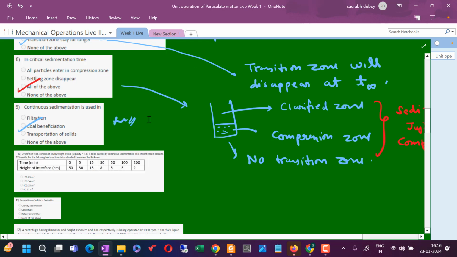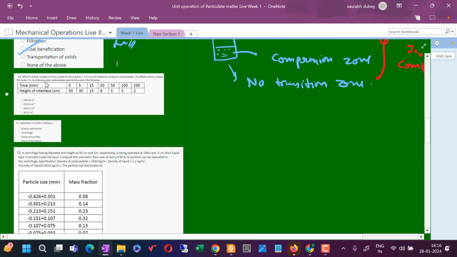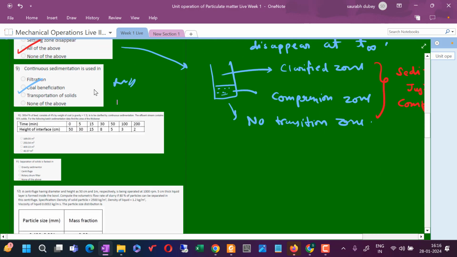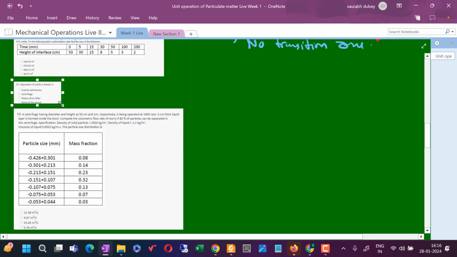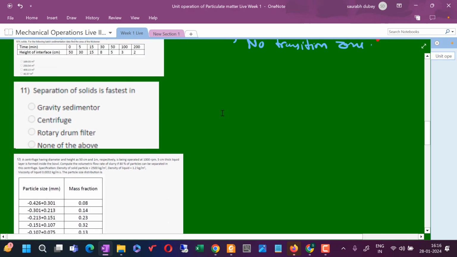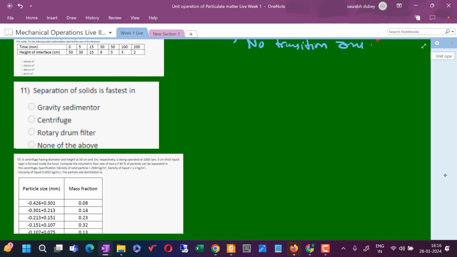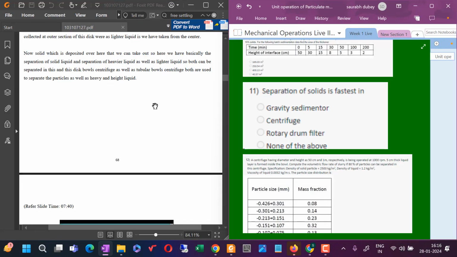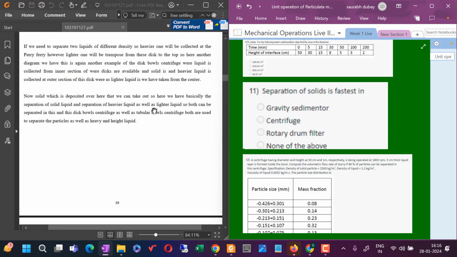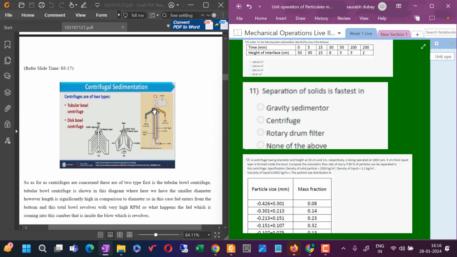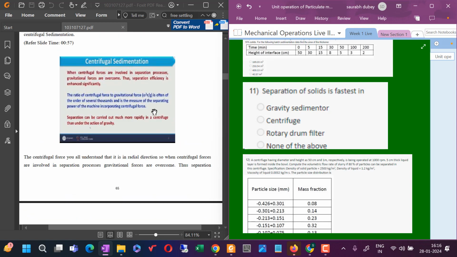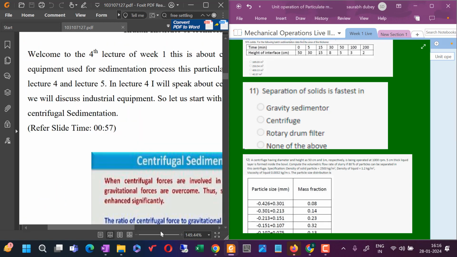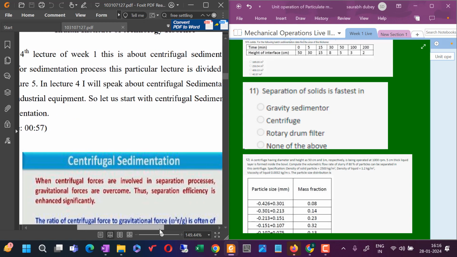Now moving on, I will be solving question number 10 and 12 in a minute. Just solve the smaller questions first. Here, the separation of the solids is fastest in. So you know that in the lecture it has been explained why centrifugation is used. What are the advantages of centrifugal action over operation without centrifugal action?